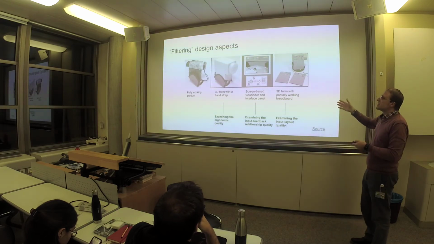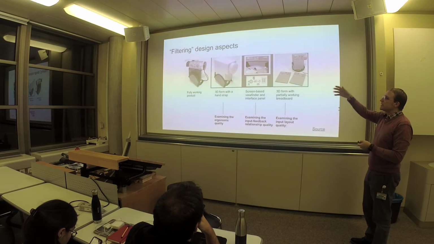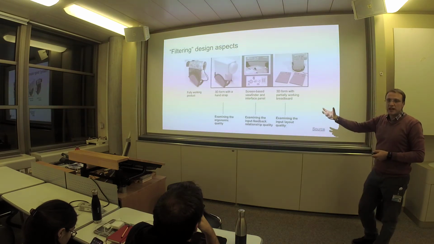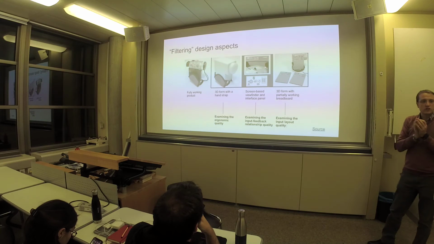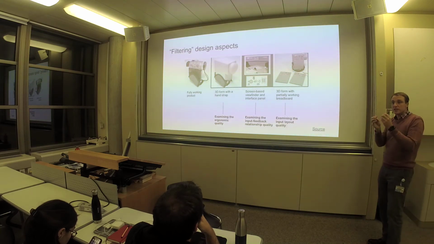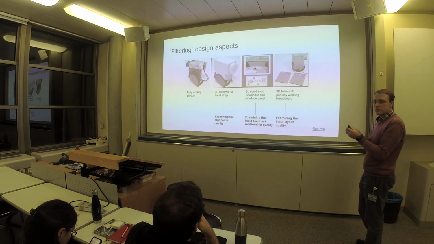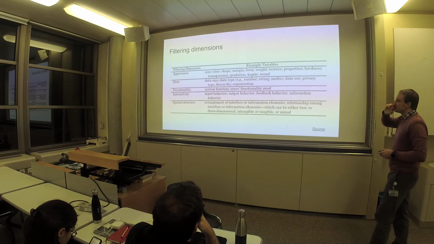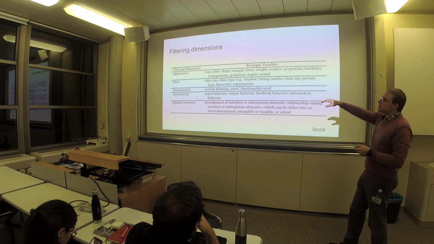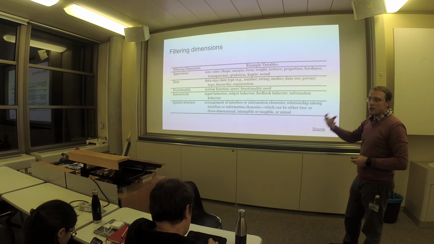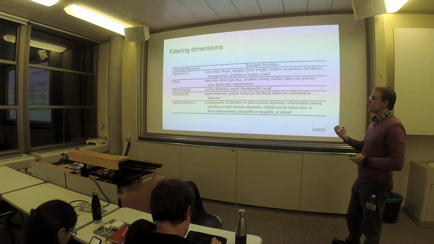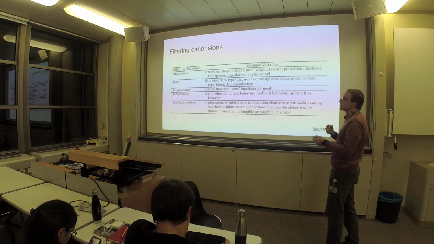So you see here that according to the specific research questions, they made different prototypes that were only focusing on a subset of features or details that are necessary to answer the research question. Okay? And so this work of coming up with the most necessary elements of the design is called filtering.